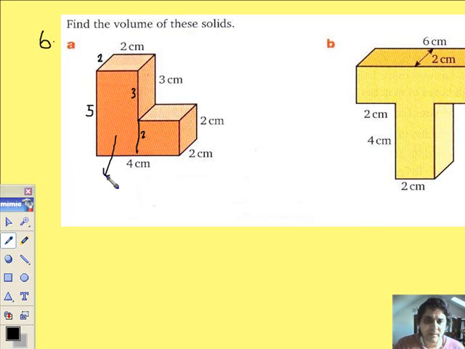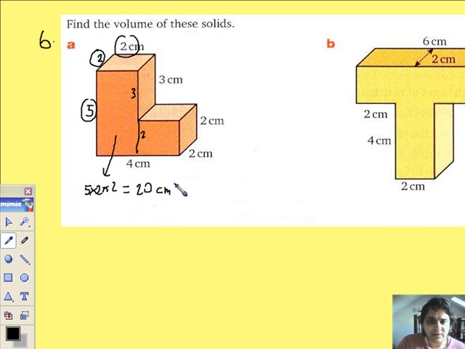So volume of this front part here on the left side is going to be 5 by 2 by 2, using that, and that. 5 times 2 times 2 is 20 centimeters cubed for that part. And this part here, well, what have we got? We got a length of 2 across the bottom and length of 2 there.